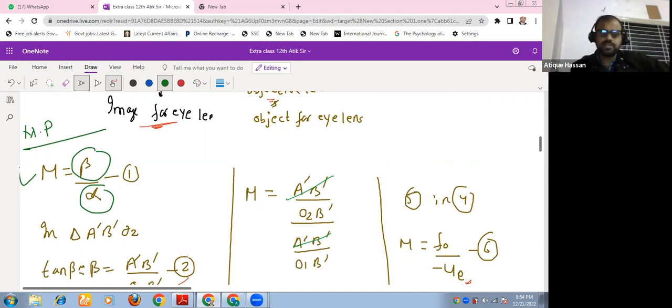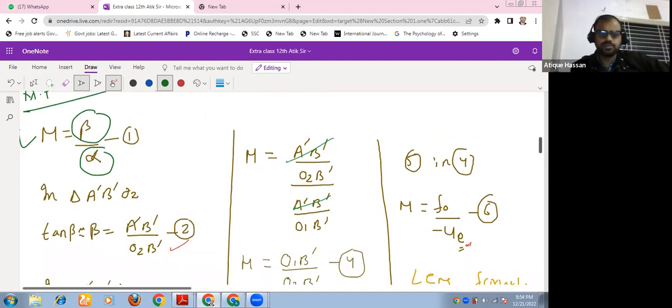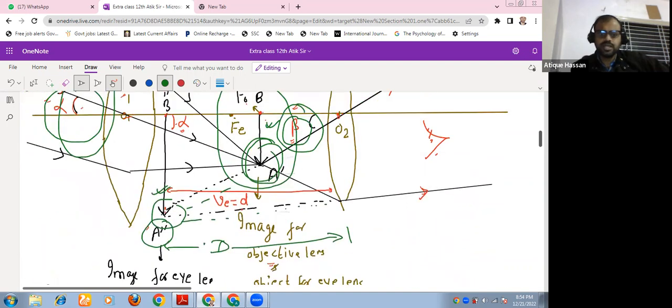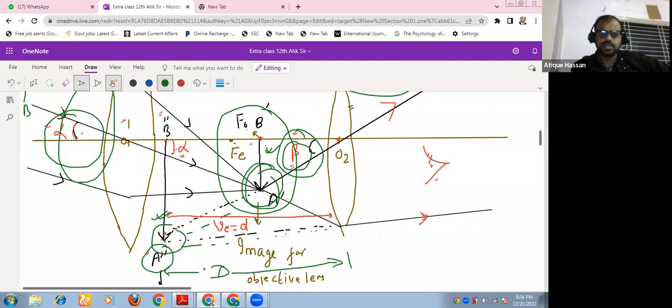So to find beta, we have to see the triangle A dash B dash O2, right?